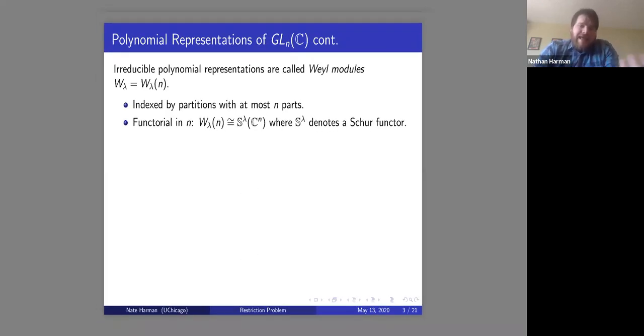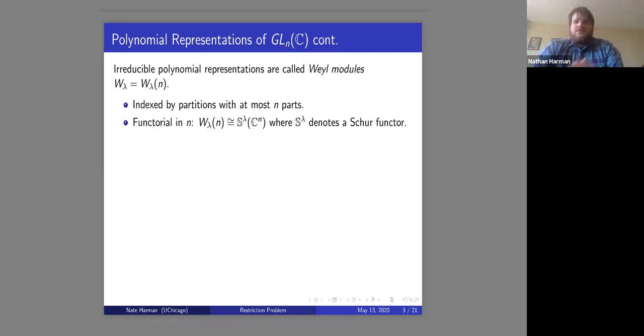They're functorial in n in the sense that I said. So this Weyl module W lambda is a Schur functor S lambda applied to this defining representation of GLN. And then what is a Schur functor? A Schur functor is the corresponding irreducible object in the category of polynomial functors.